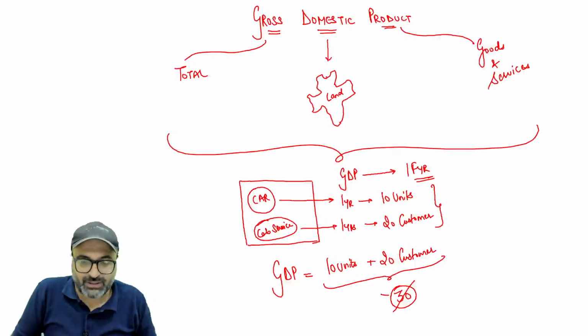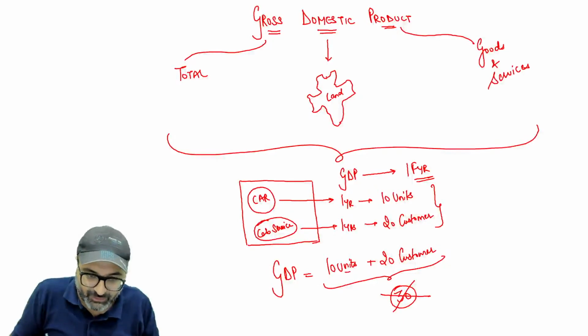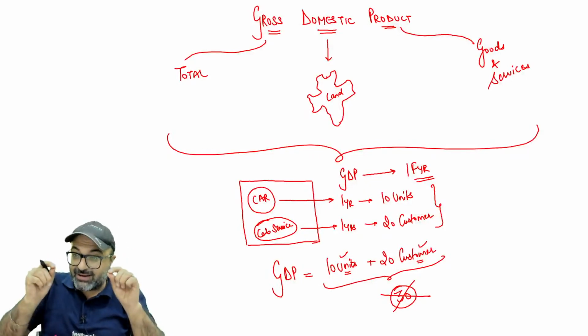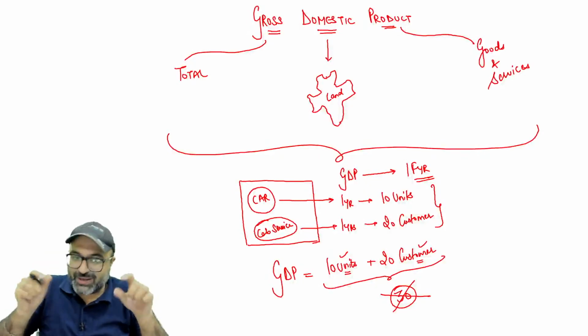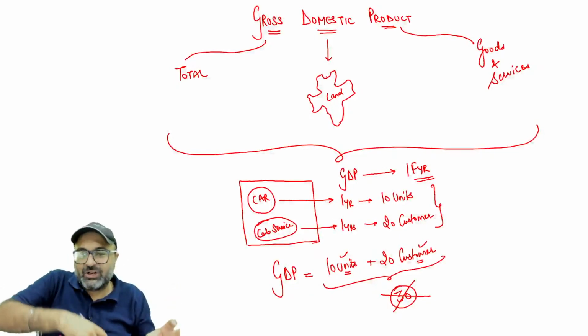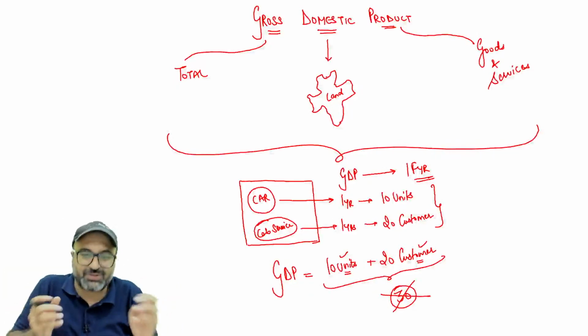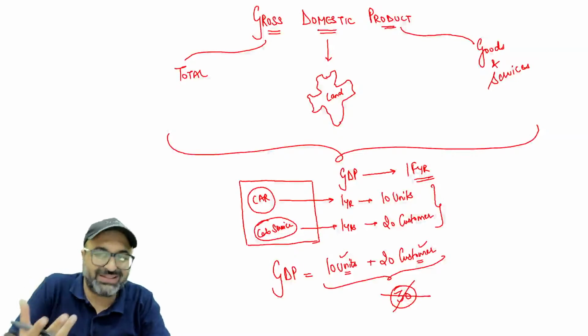No, sir. First of all, you cannot add these two commodities because their unit is different. You cannot add units into customers. That is not possible. So what would be the solution?